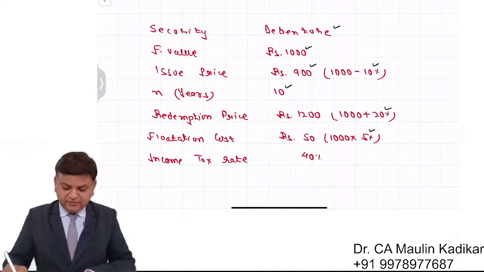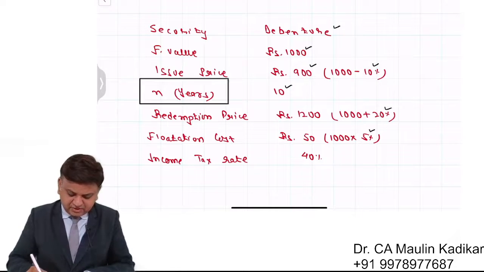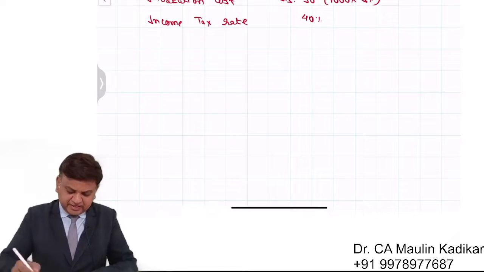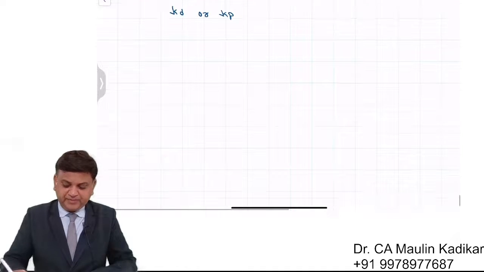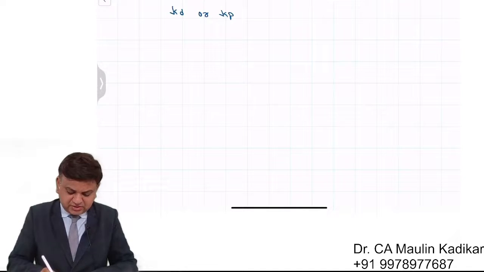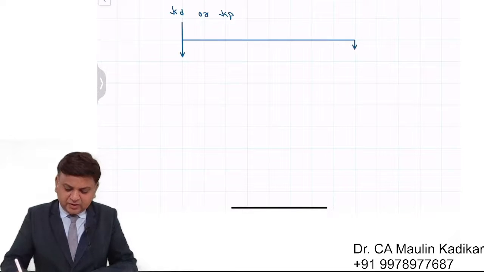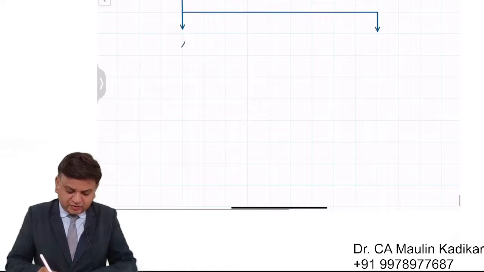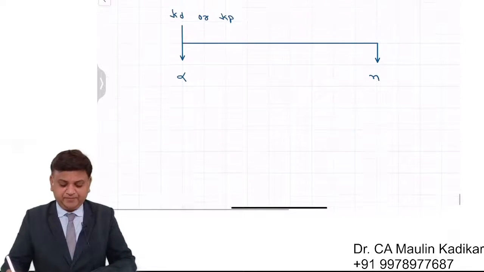Now friends, over here we have been provided with information about a redeemable security. Dear students, whenever there is a question of calculating the cost of debt financing or cost of preferential capital financing, I always tell students that the first thing you are required to check is what kind of information is provided, whether the security is issued for perpetuity or for a certain time period.